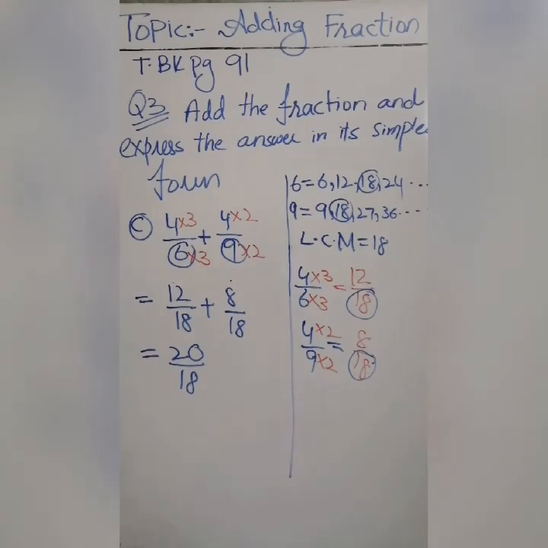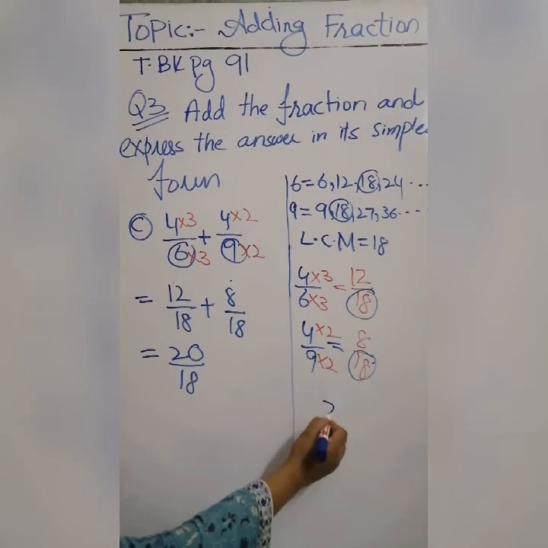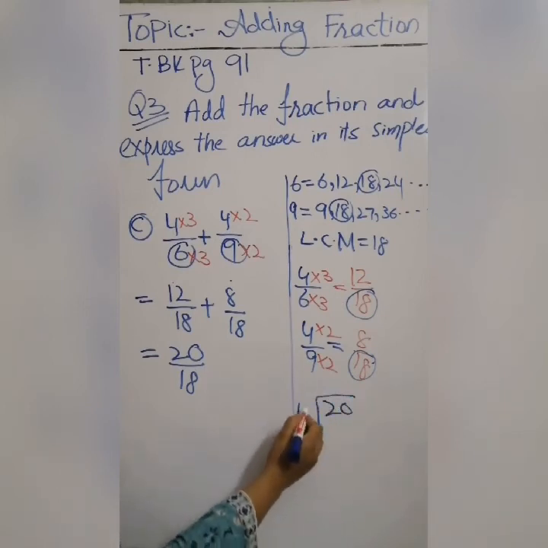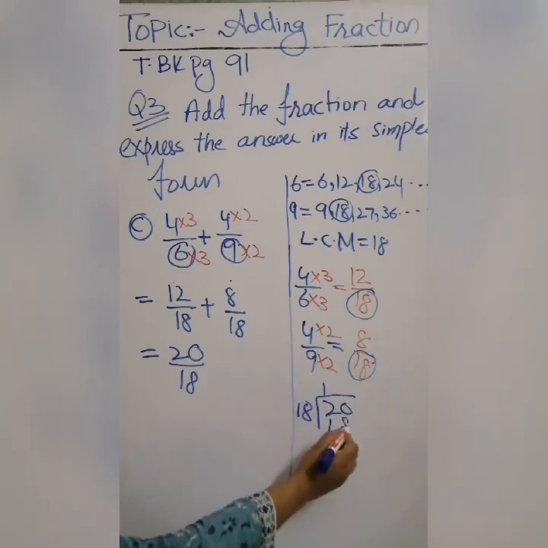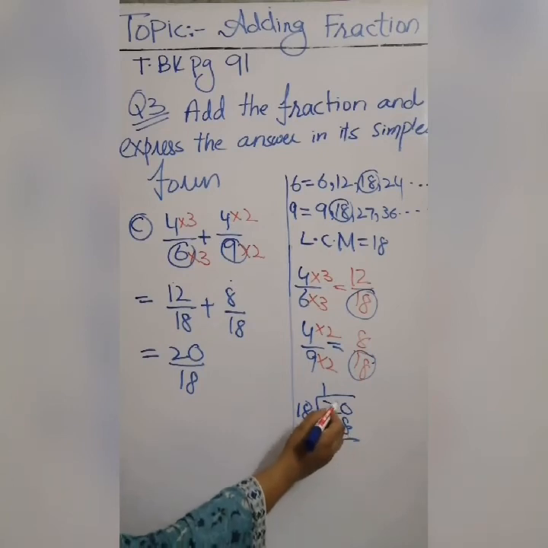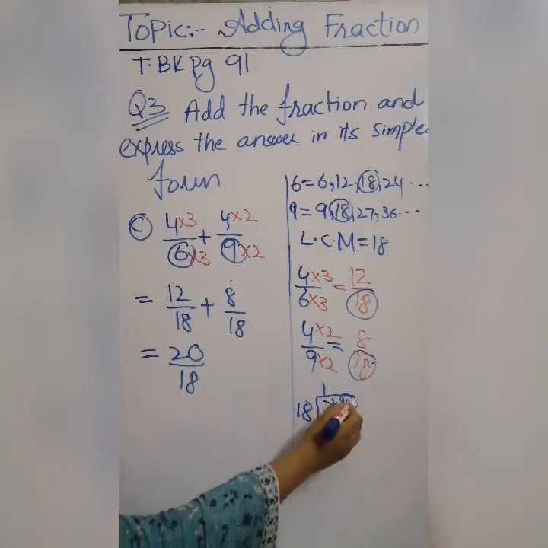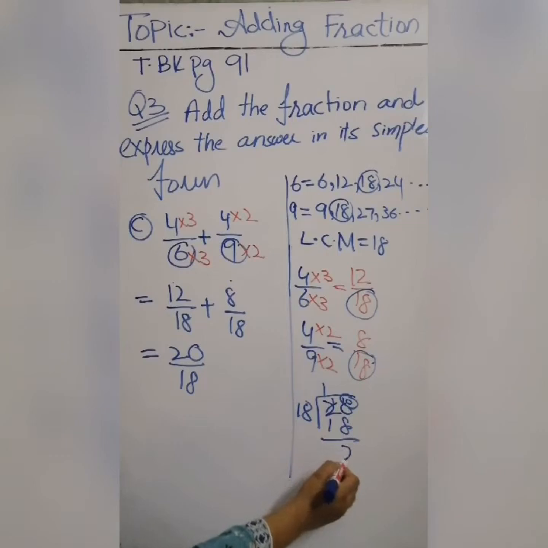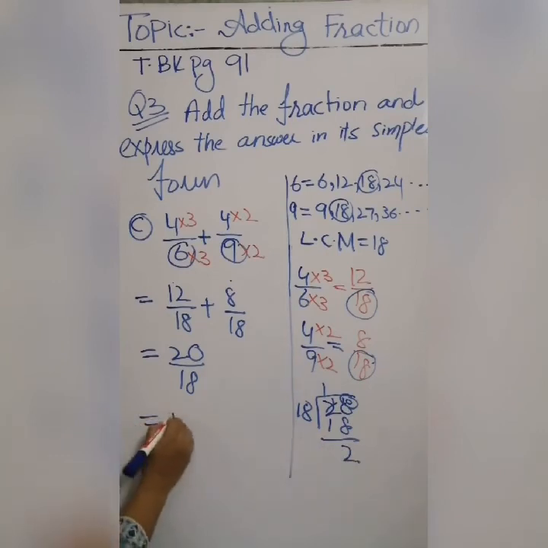We have to simplify it. This is an improper fraction. We put 20 inside and divide it by 18. 18 1 times 18. We subtract 20 minus 18, 2. 1 whole 2 by 18.